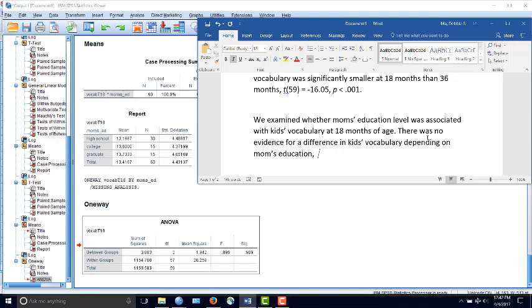I'm going to report this as an F test again. We see it's here. So this is a between subjects, so we'll go with the between subjects line, right? Because these kids either have a mom who went to high school only, college, or completed some graduate training. And the degrees of freedom here are given on this side. And so we're going to type in 2 and 59.